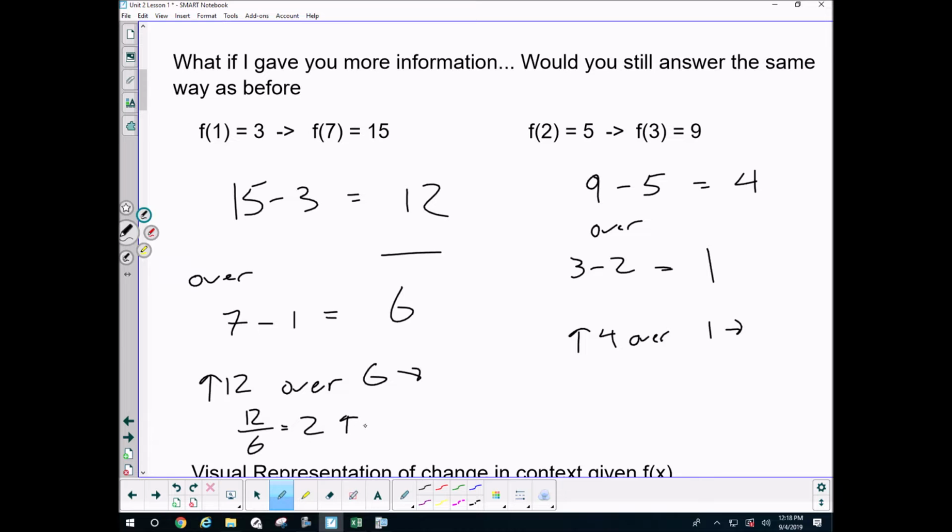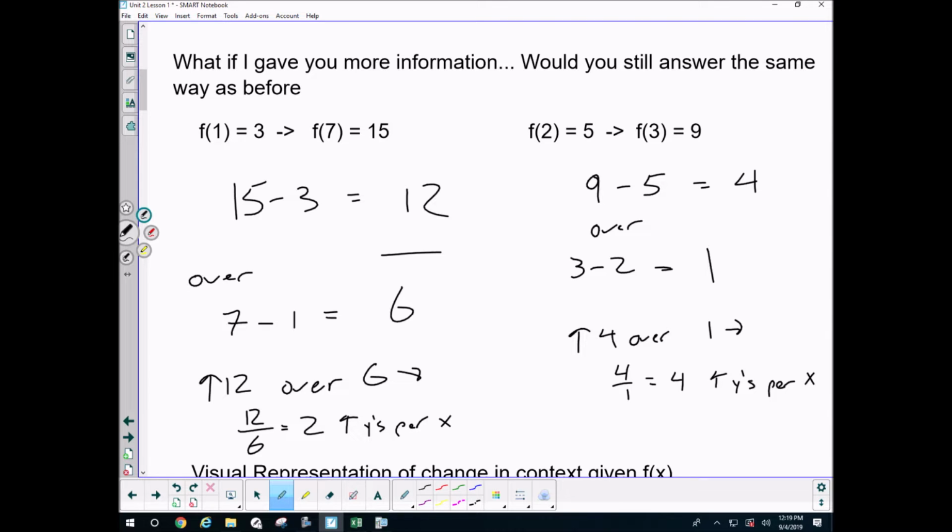It's like 2 over 1, up 2 per x. 4 over 1, 4. I've gone up 4 y's per x. What have we been calculating here? Slope.